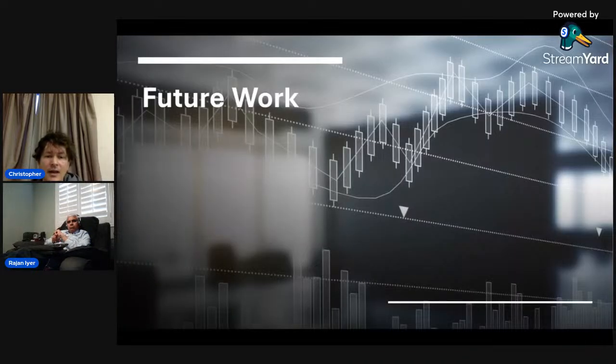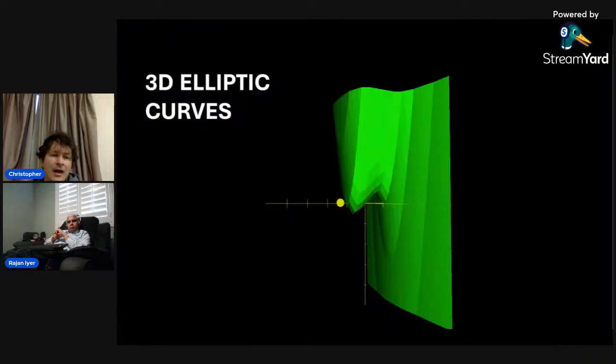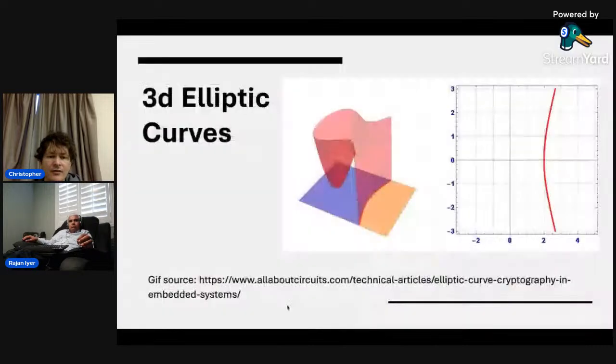And move on. So finally, we'll look at future work. One kind of interesting area of possible research is into 3D elliptic curves. So if we were to just plot any one example of an elliptic curve here, this is the kind of thing we get when we try and plot it as a 3D surface.